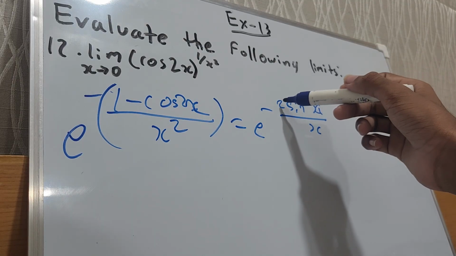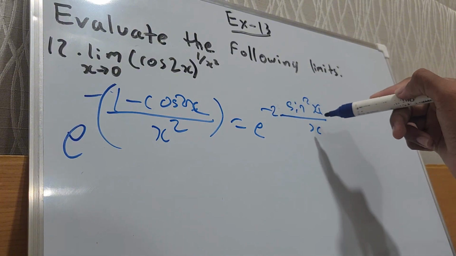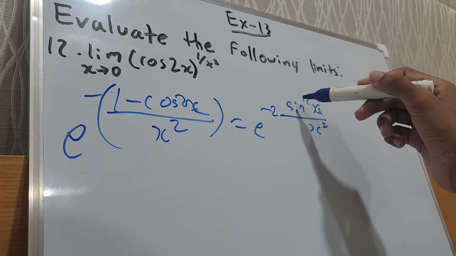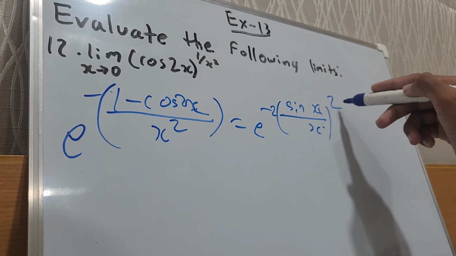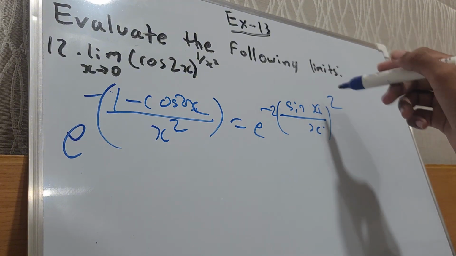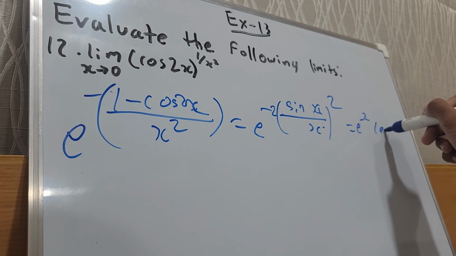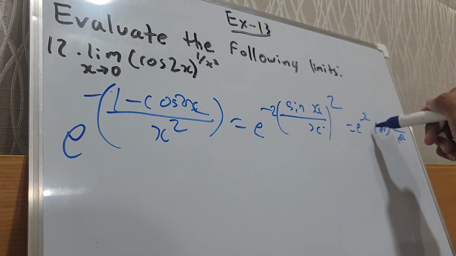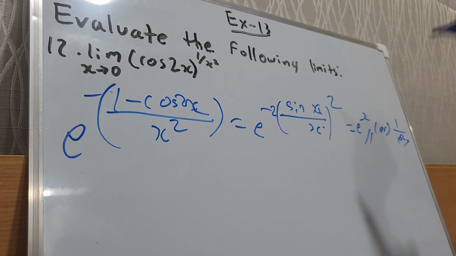At least you will take 2. Let's take 2 out, sine square x by x square. Now we can take this as a whole square. We know sine x by x is 1, so 1 square is 1, minus 2, is equal to e power minus 2, or 1 by e square. This is the option they have given as the answer, and they may also ask this.